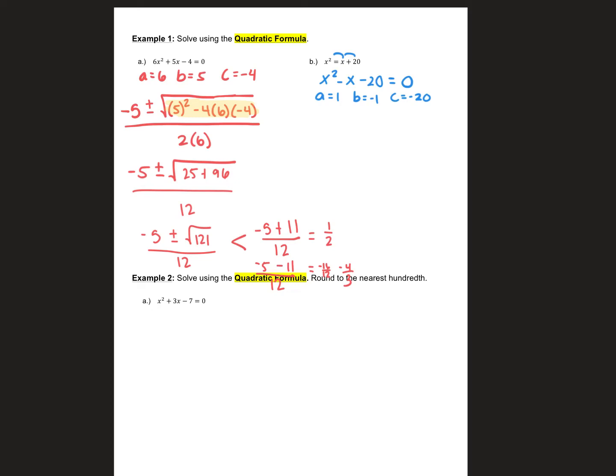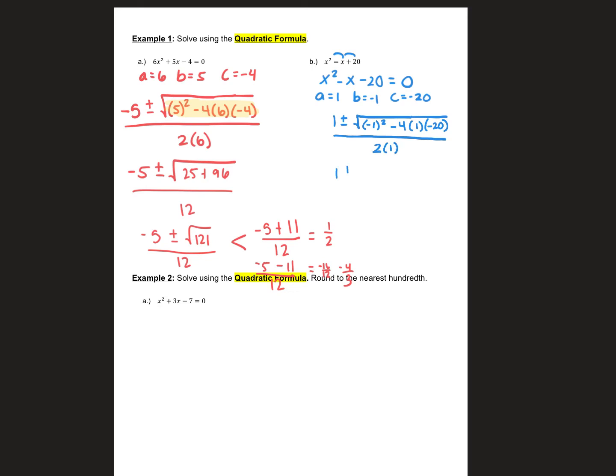Negative b, which would make that positive 1, plus or minus the square root of, and I'm going to put everything in parentheses, negative 1 squared for b squared, minus 4 times a times c, which is negative 20. All over 2a, so 2 times 1.